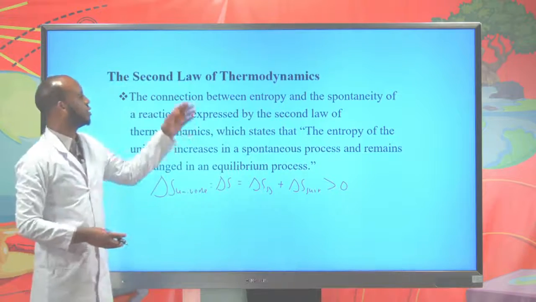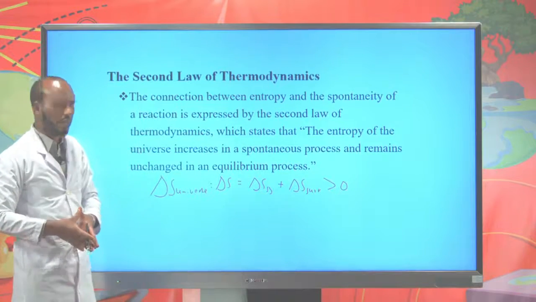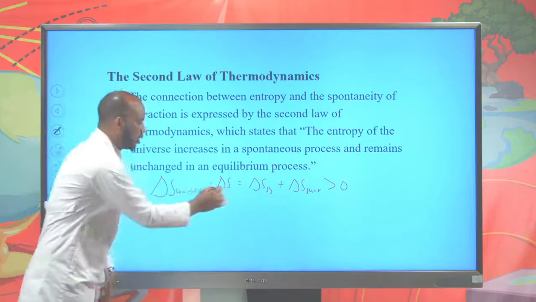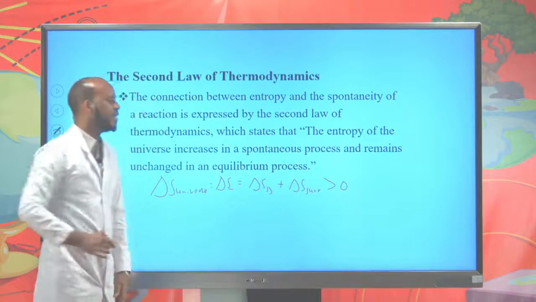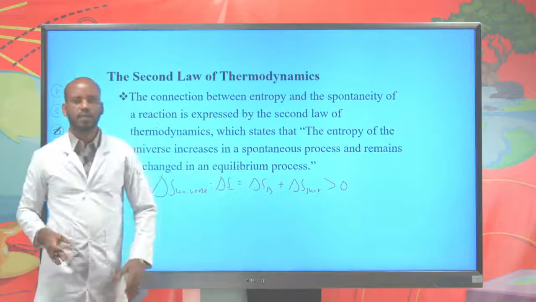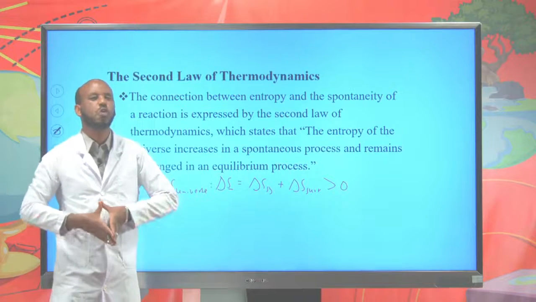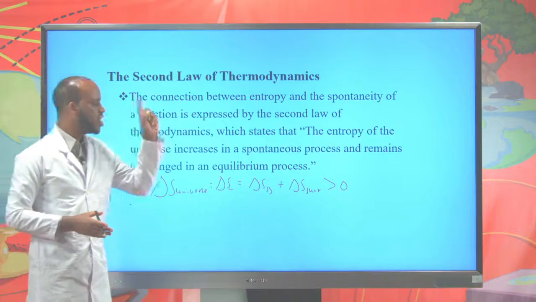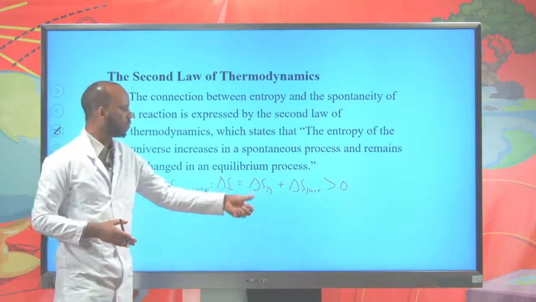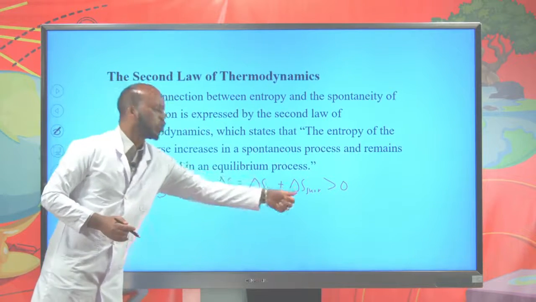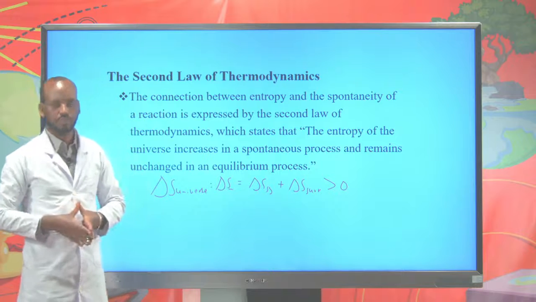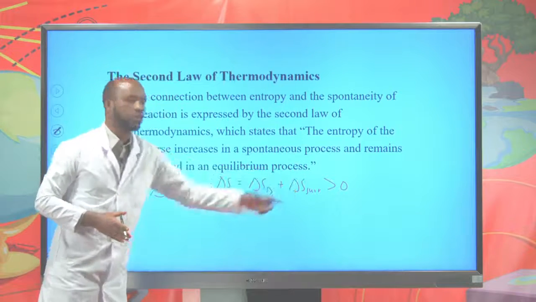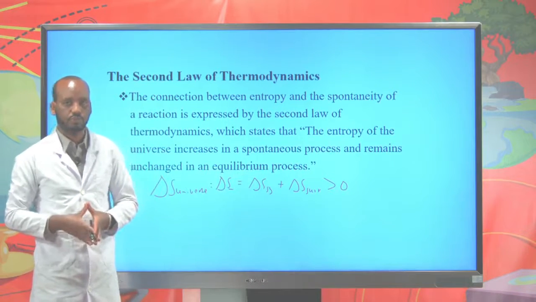According to the second law of thermodynamics, if total entropy change is greater than 0, then the process is spontaneous. Note that there is no set criteria for the sign of entropy of the system and entropy of the surroundings, as long as total entropy change is greater than 0.